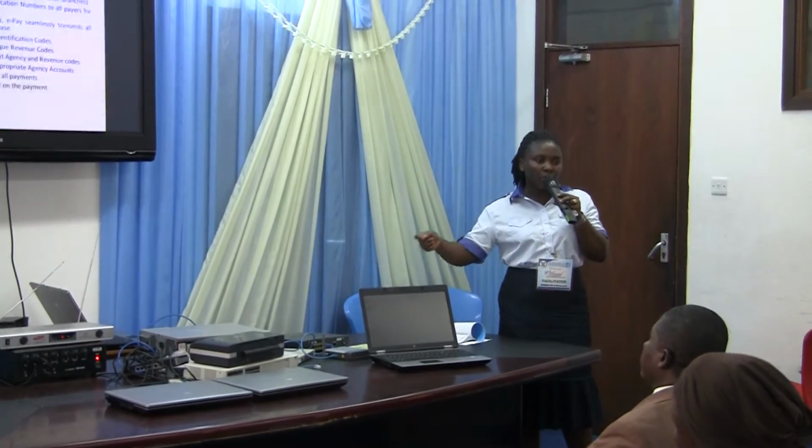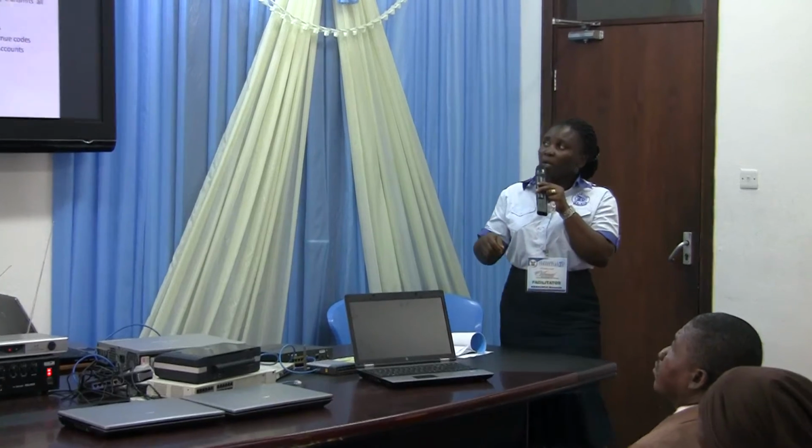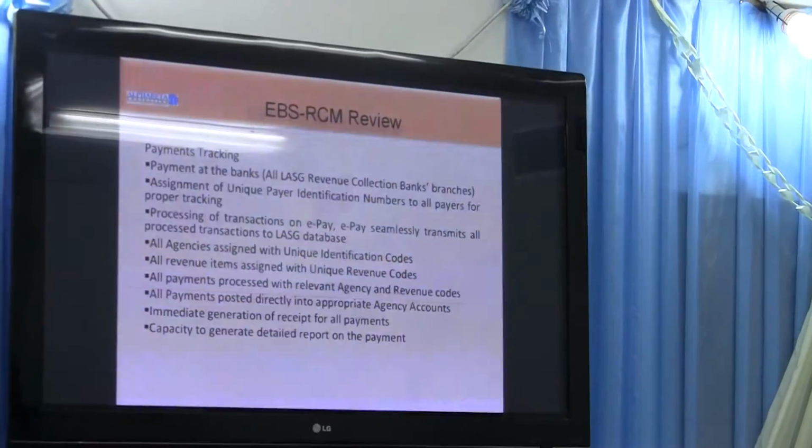At the bank level, the e-pay application has been deployed to all collecting banks, which means that once a teller is collecting money, you don't just post it to your own menu, you also post it to the menu of Lagos State government. And in the course of posting, we have a special code: we have a revenue code, we have an agency code, and we have a payer ID.